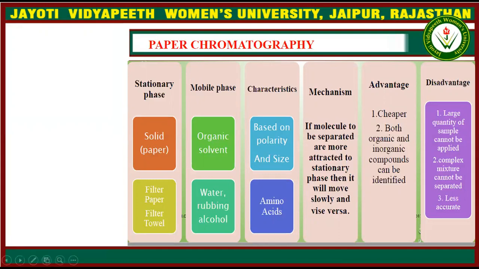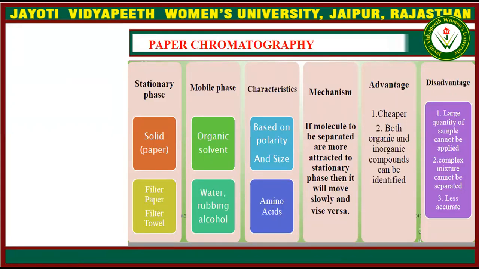Paper chromatography is a simple technique in which the stationary phase is a simple filter paper, and the mobile phase is an organic solvent or water.